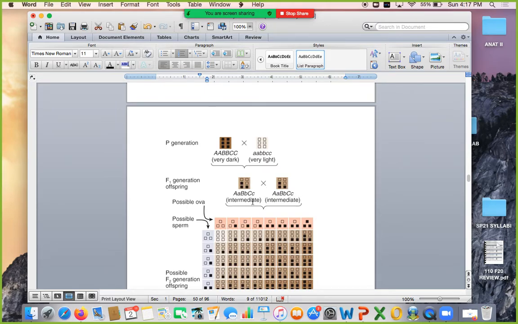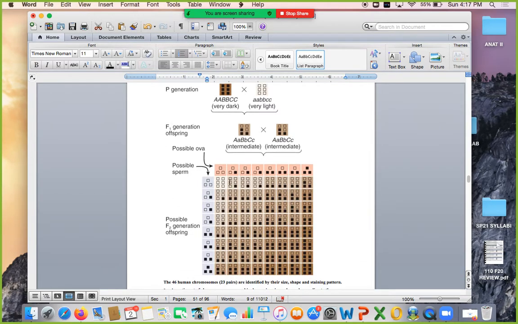And then when we cross these guys together, we all of a sudden get an entire range of offspring. Because the sperm can range from being all 3 lowercase to all 3 uppercase. And then it can be any combination of 2 uppercase and 1 lowercase, or any combination of 2 lowercase and 1 uppercase. So that gives us a total of 1, 2, 3, 4, 5, 6, 7, 8.